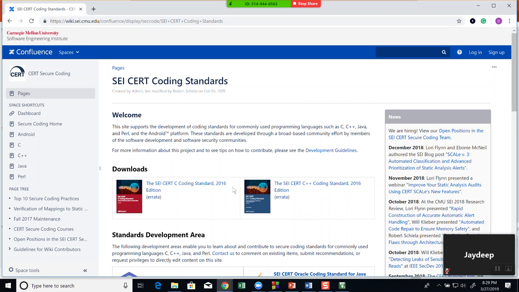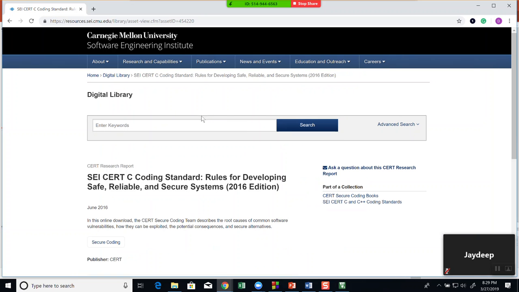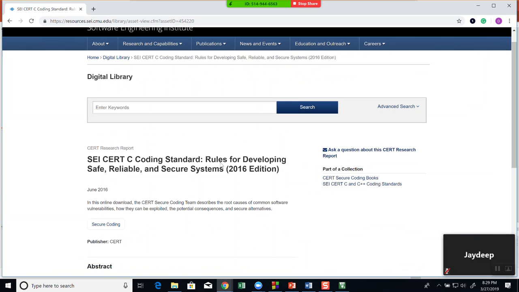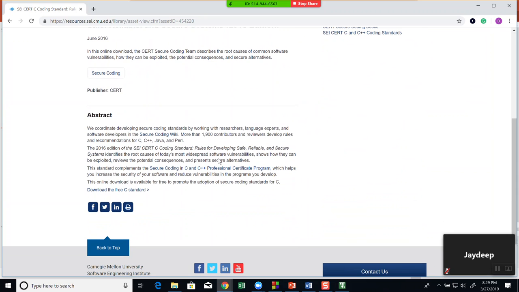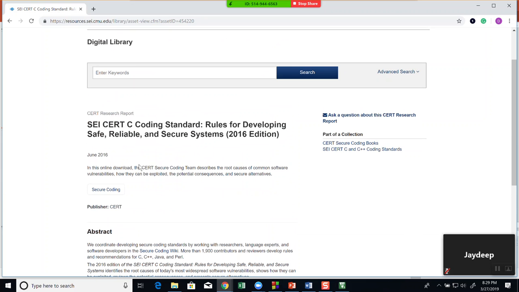I was just curious if you had to pay for it. C coding standard. I bet this is an exciting document. In this online download, the root causes of common software vulnerabilities.